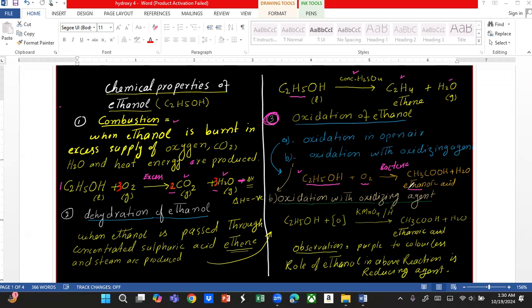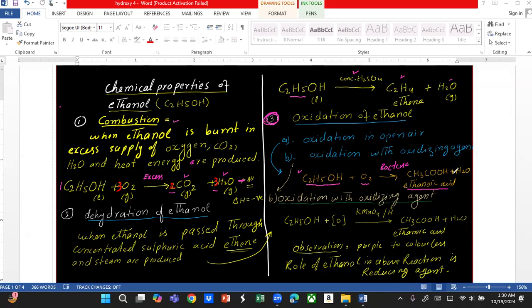Ethanoic acid is a member of the carboxylic homologous series. We will study carboxylic acids after this topic, inshallah. Similarly, propanol, when oxidized, will be converted into propanoic acid and so on.